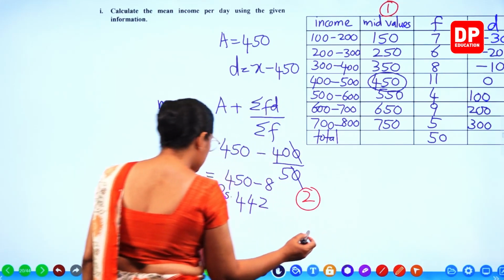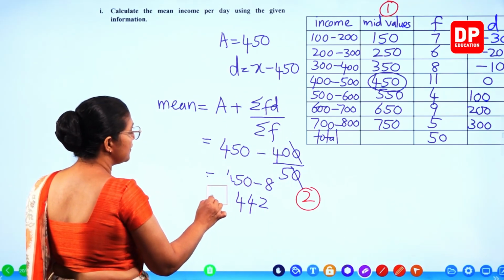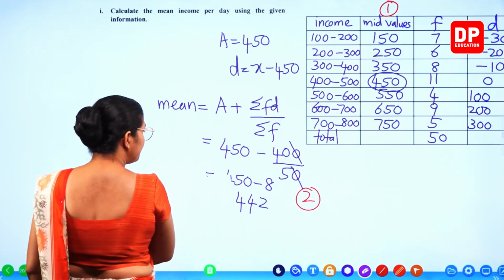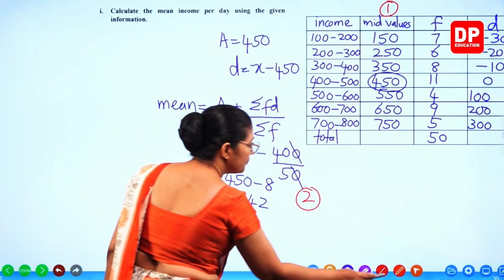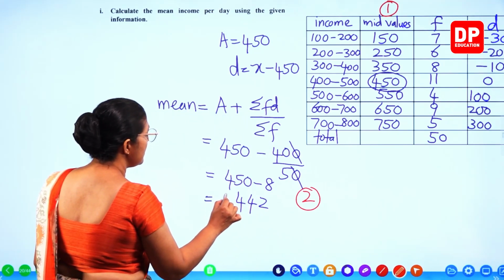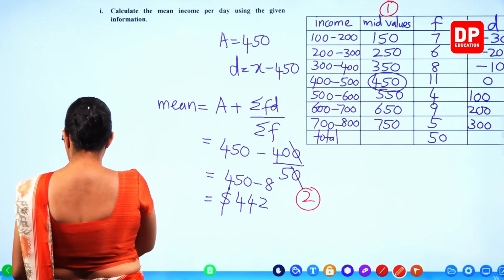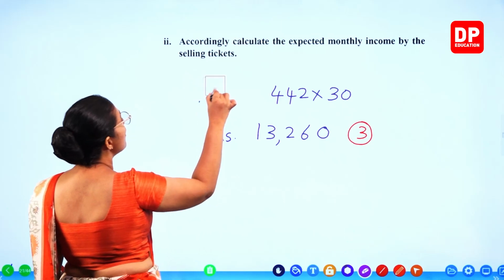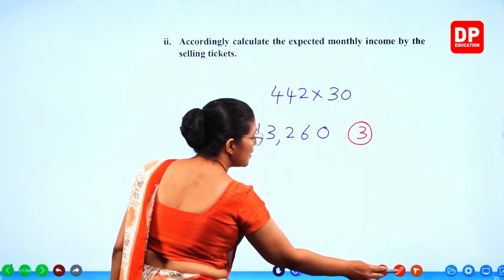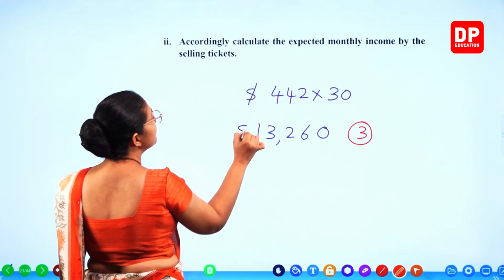So here there's a mistake. What's the mistake? Not in rupees. So this is in American dollars. And this one also, not in rupees. This is in American dollars.